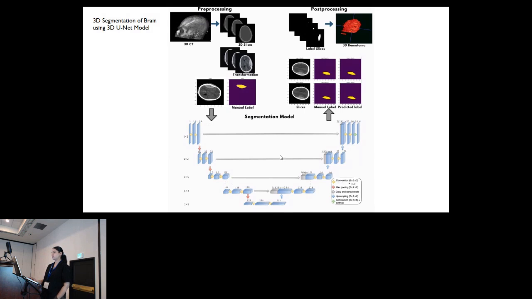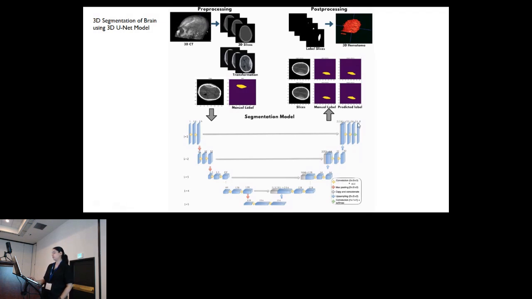In my case, I chose a UNet model because UNet is kind of like the backbone of segmentation. It started out with the 2D image, and over time, we developed a 3D UNet model, which I'm going to be working with. So we'll see in more detail what a 3D UNet model is.